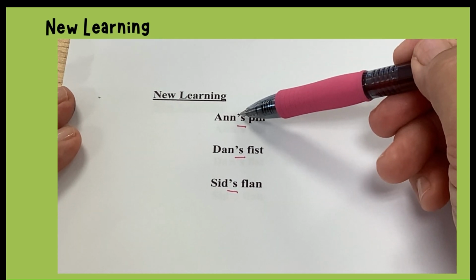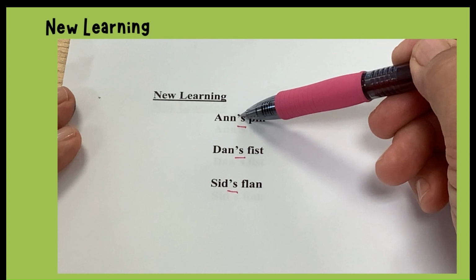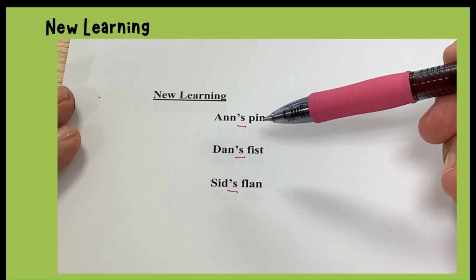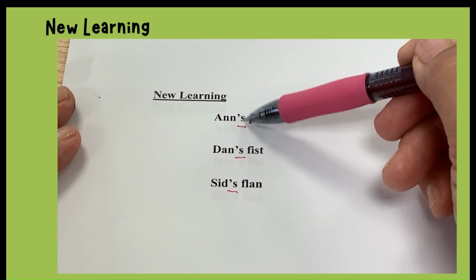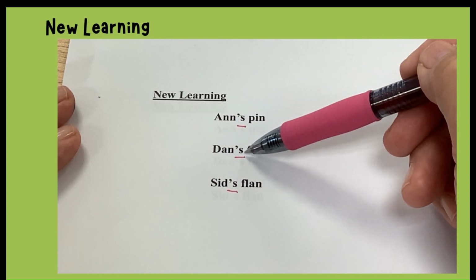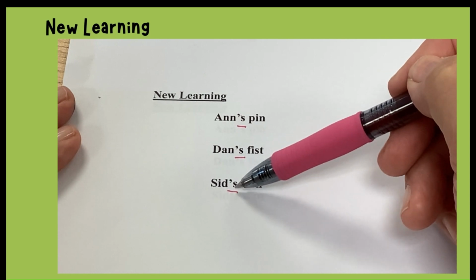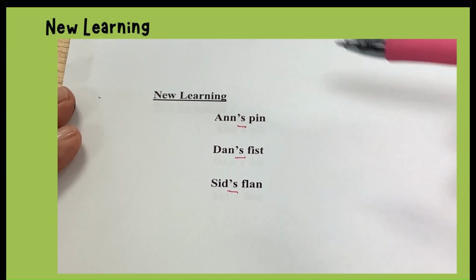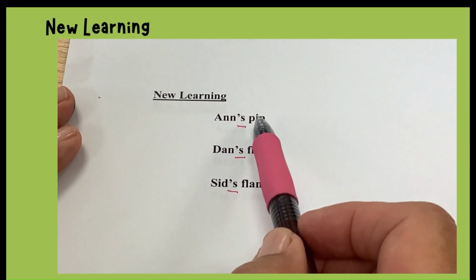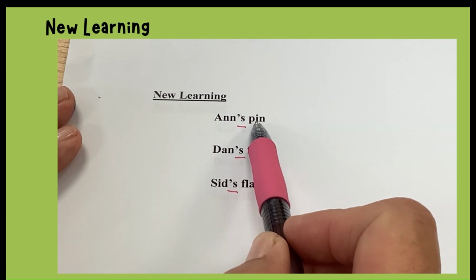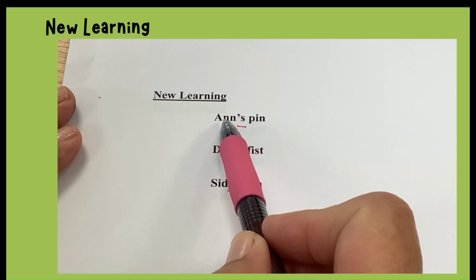This little mark here is called an apostrophe. It looks like a comma, but it's up in the air. And then there's an S that follows it. Apostrophe S. Let's see if you can figure out what apostrophe S means. This pen belongs to Anne.